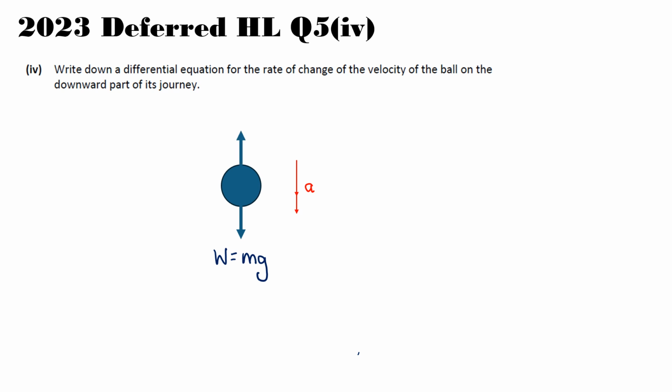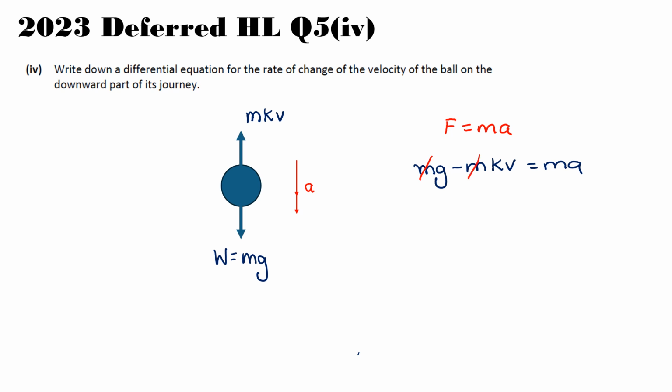This resistance, based on what we've seen before, is mass times kv. If we think about this in terms of our force, F equals ma, it's going in the downward direction. So we have mg going down minus mkv is equal to mass times acceleration.